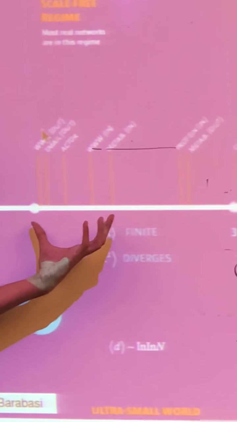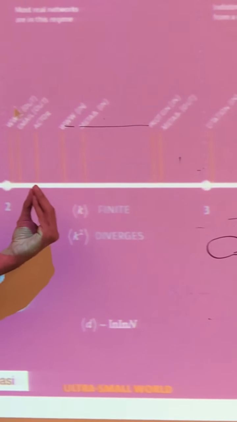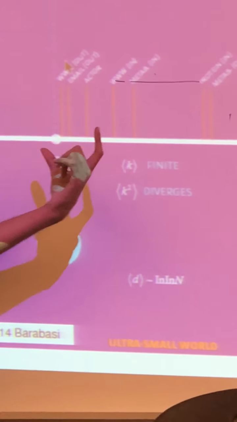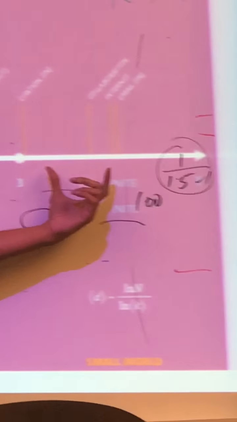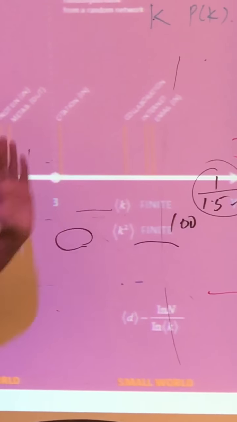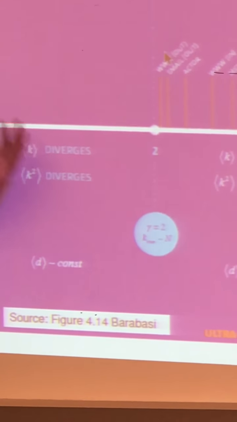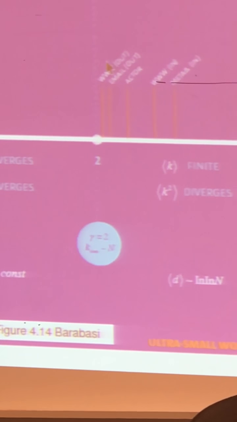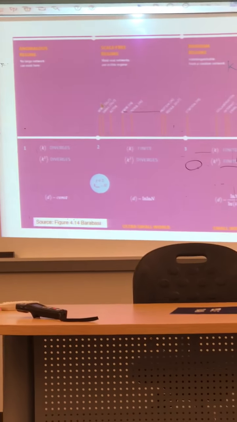If the network is scale-free in nature, they found gamma to be between 2 and 3. And if it's more like a random network, they found gamma to be above 3. So none of the real-world networks had gamma less than 2. That also correlates with the analysis we just did with that example.